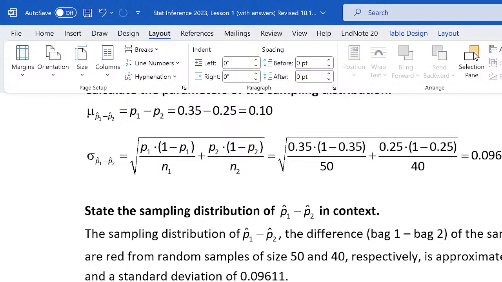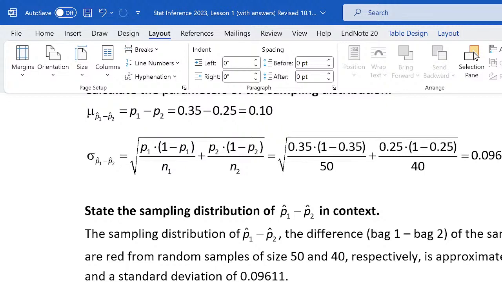What I have to do to both sides is write (n minus 1) s squared, here 24 times s squared, divided by the population variance, and that's 90 squared. That's what I have to craft there.